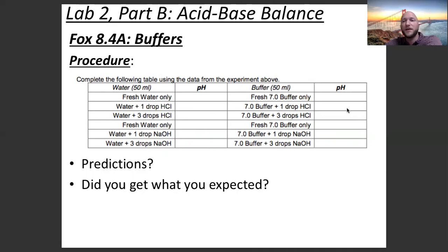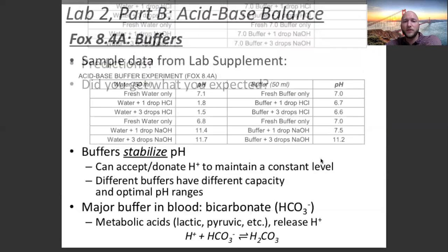We then measured the pH of a buffer solution and added acid, and we saw that the pH changed very little. We then did the same where we added a base to our buffer solution, and the change was very little. Predictions, we got what we expected.